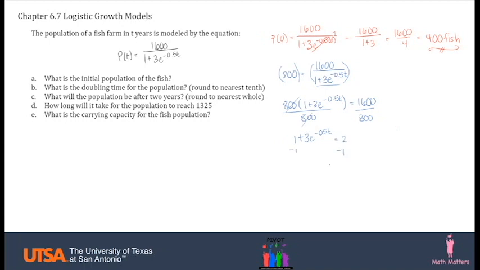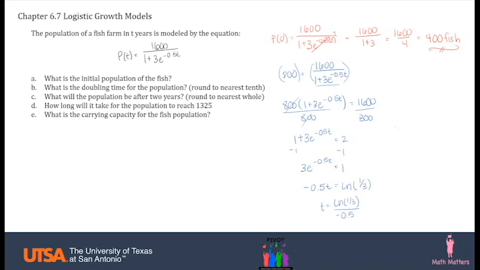Then we subtract 1 from both sides, get 3e to the negative 0.5t equals 1, and then divide by 3 and take the ln of both sides. So then we get negative 0.5t equals ln of 1/3. So t equals ln of 1/3 divided by negative 0.5.